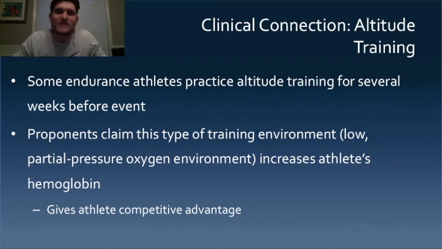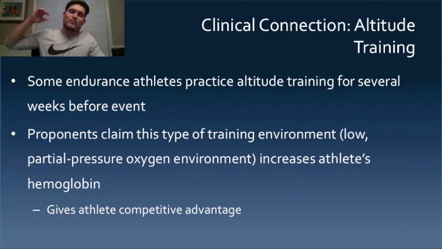And the reason for this is that, okay, yes, at altitude, you get that polycythemia and that increase in red blood cell count, but your VO2 max at altitude is going to drop. And so you can't work as hard at altitude, with lower oxygen, than you can at sea level when there's plenty more oxygen.